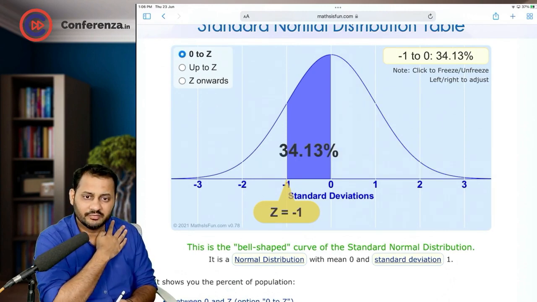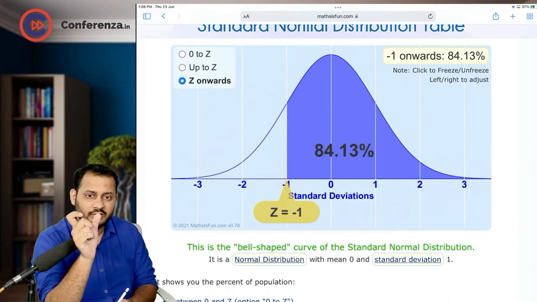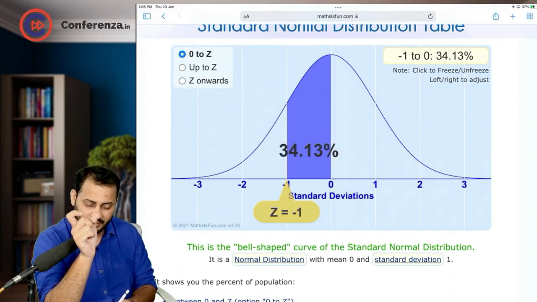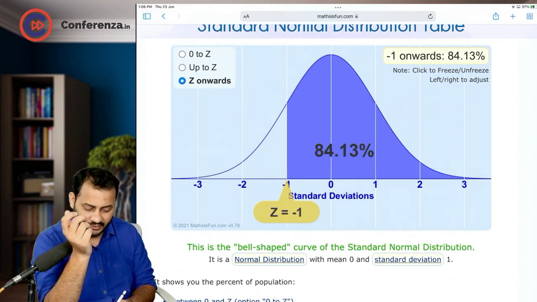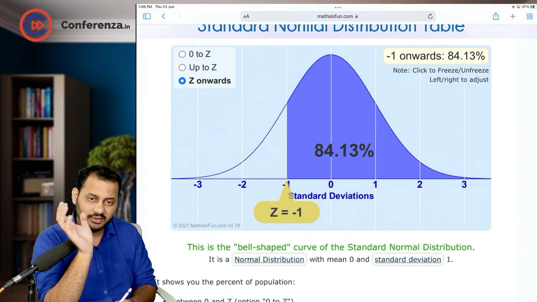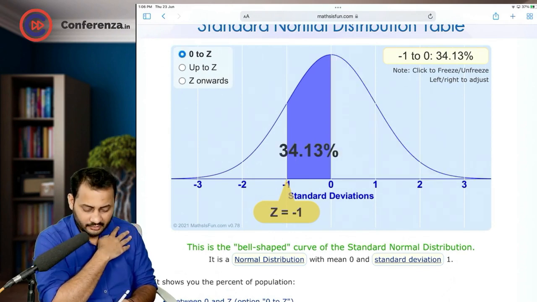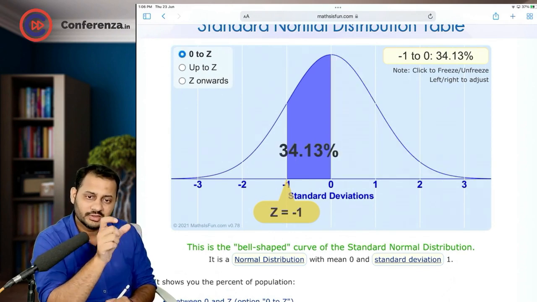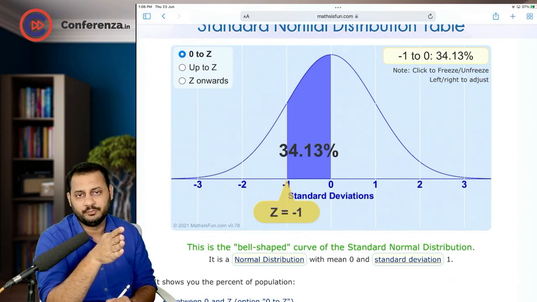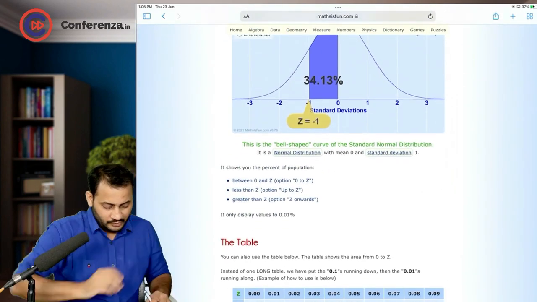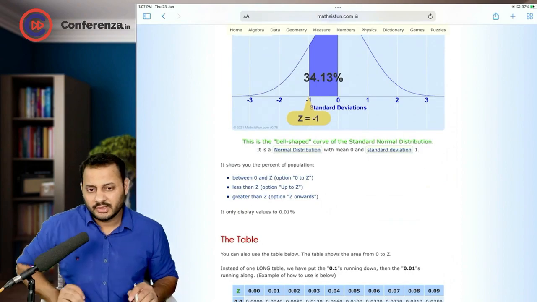Now understand the difference. This much area, this much area, this much area, this much area. What is the difference between that? The cumulative figure covers the entire area and the non-cumulative one covers the area from the mean only. That's okay. Cool. So we'll take an example, then we'll understand what that means.